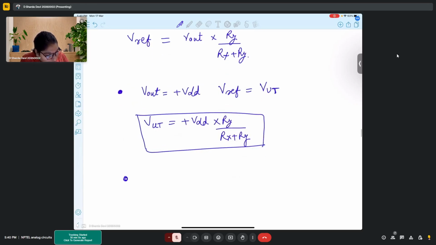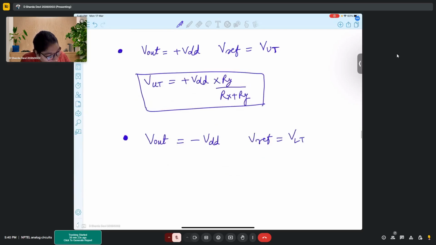Now, when V out is minus VDD, then V reference will also reduce. So we call it VLT, that is lower threshold. And the value of VLT will come out to be minus VDD times Rx upon Rx plus Ry.